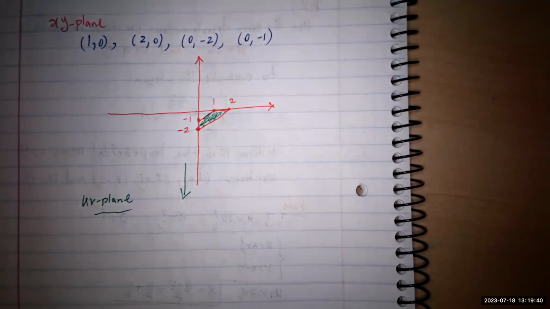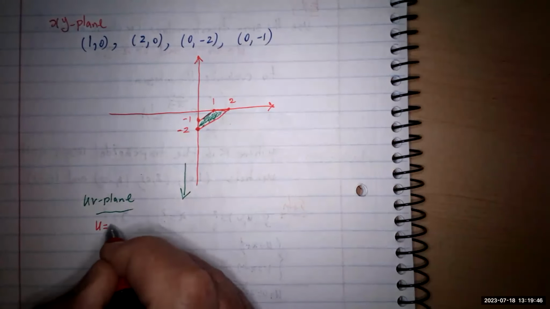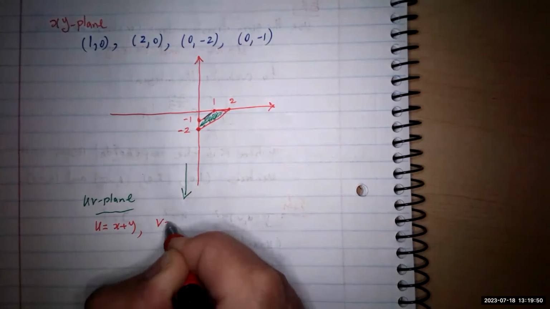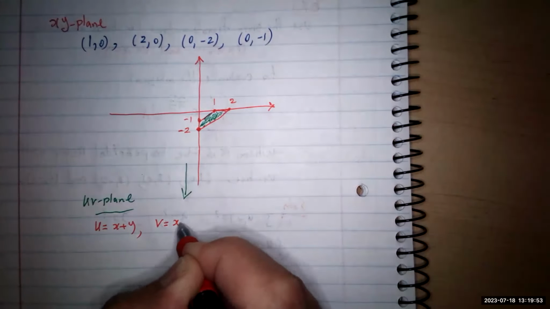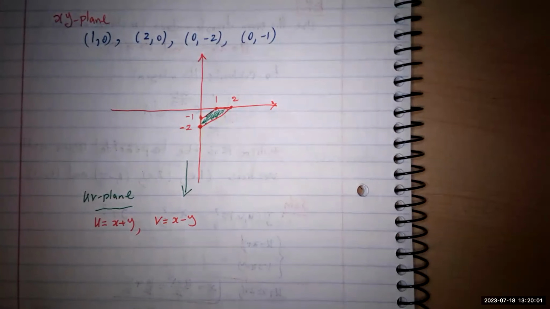You see the transformation is that U is equal to X plus Y, and V is equal to X minus Y. Pick each of these points and substitute to get the corresponding one for the UV plane.